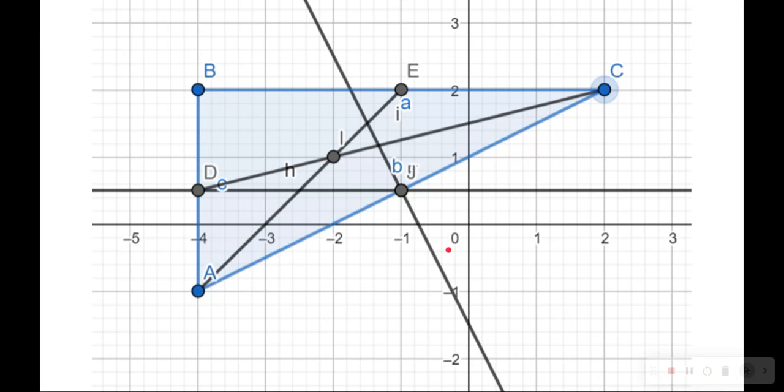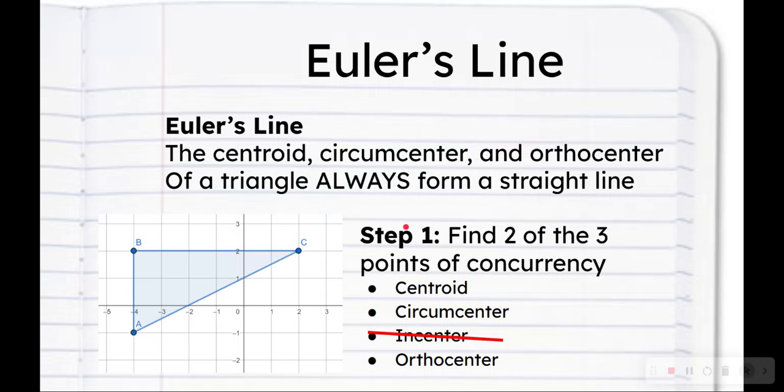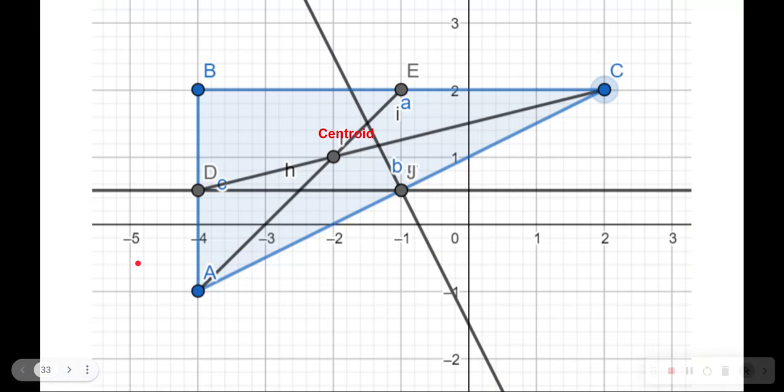The centroid is made up of midpoints to the opposite angle. So this is my centroid right here at negative 2, 1. That is a pretty point. And then recall that my circumcenter is always the middle of the hypotenuse on a right triangle, and my orthocenter is always the right angle on a right triangle.